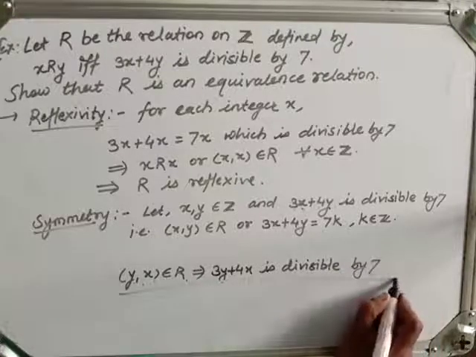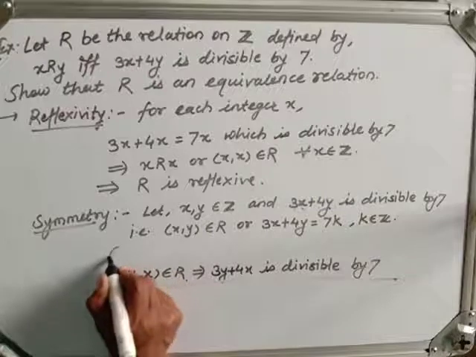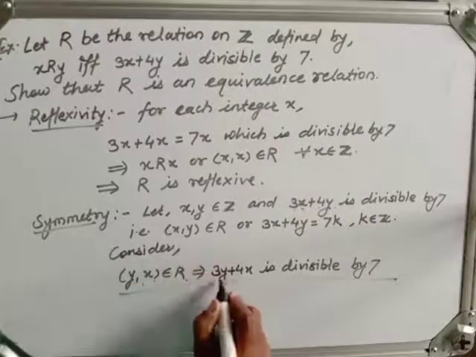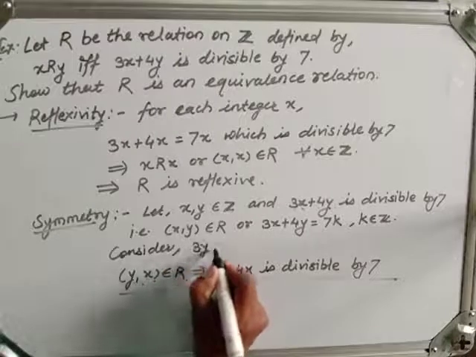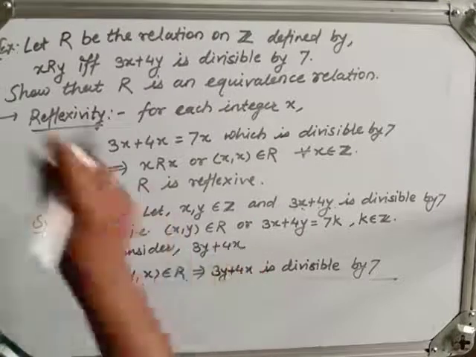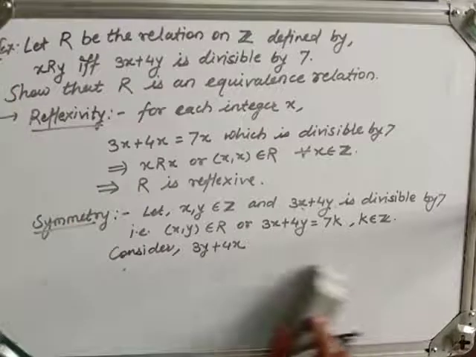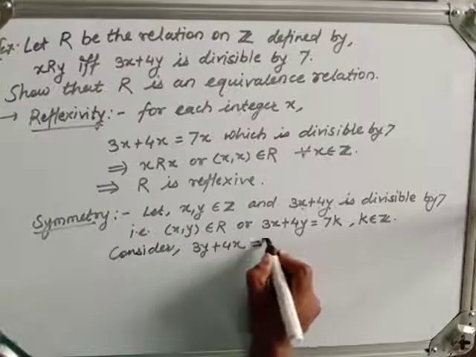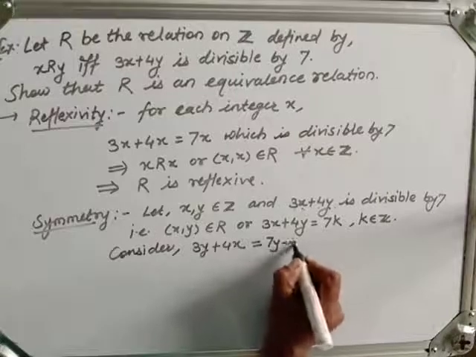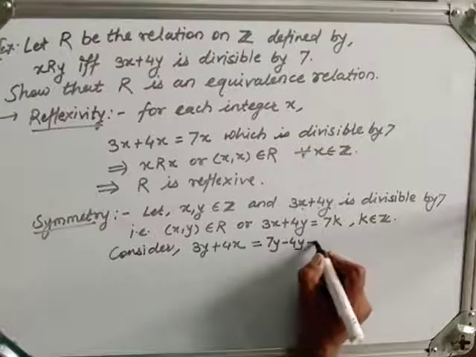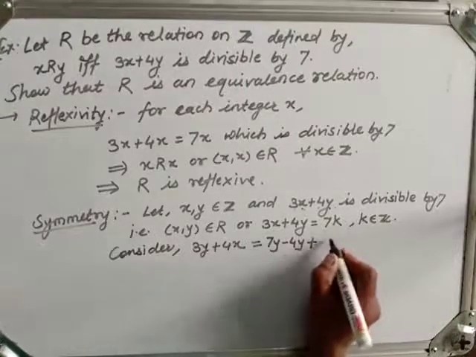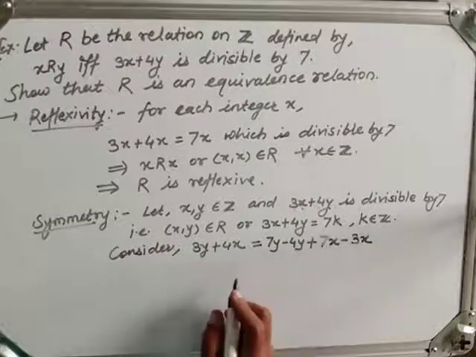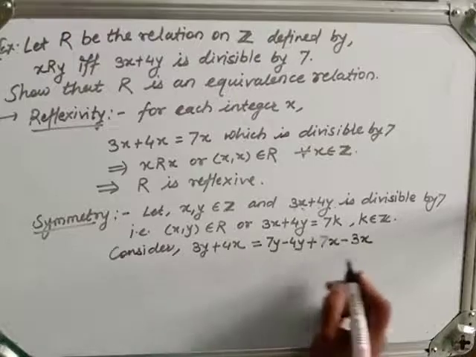So for that purpose, let us consider 3y plus 4x. Now this 3y can be written as 7y minus 4y, and 4x can be written as 7x minus 3x.